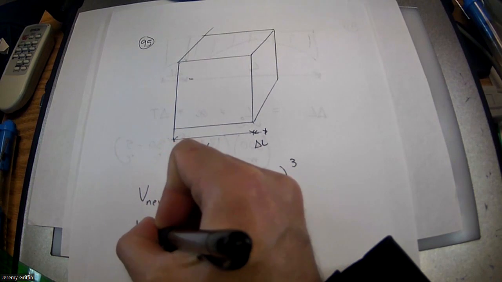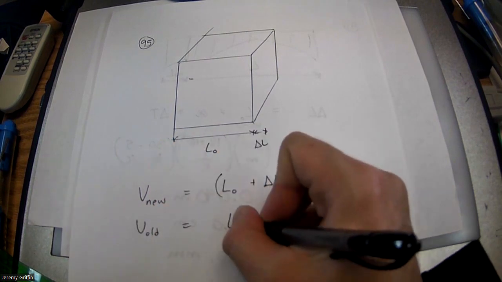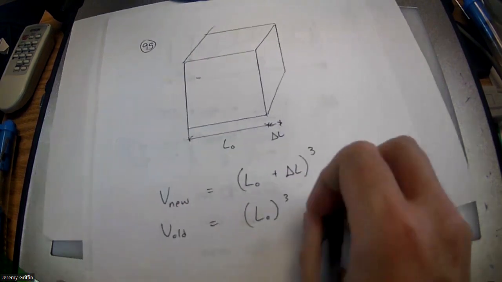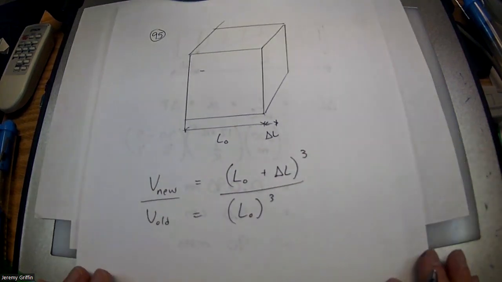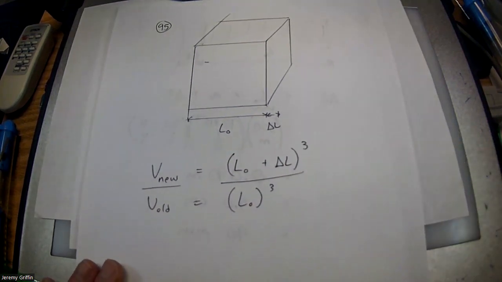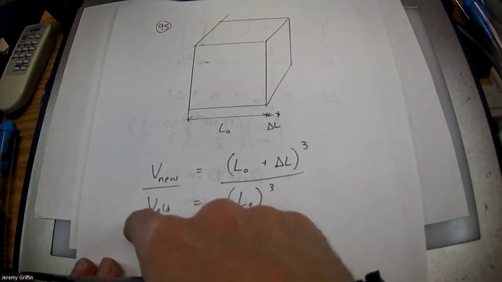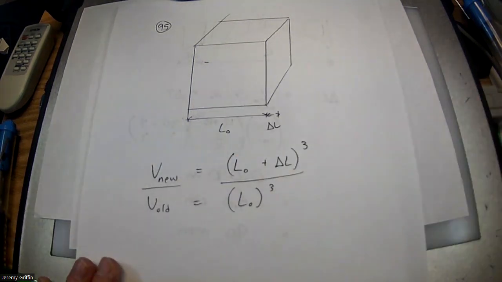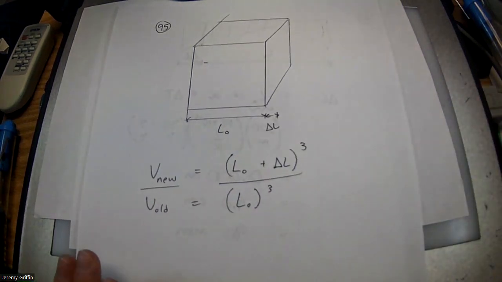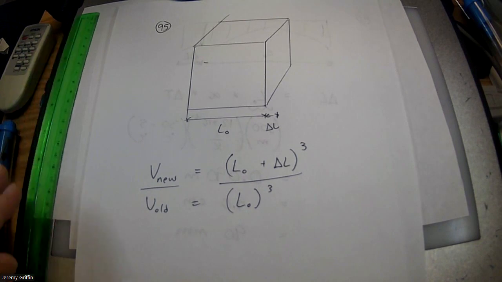And the old volume would have just been plain L naught to the power of 3. And the question is, calculate the percent change in volume. So see how I've set this up, volume new compared to volume old, taking the ratio. That might give me something that looks like a percentage. I have to multiply by 100 at the end to turn it to percent.